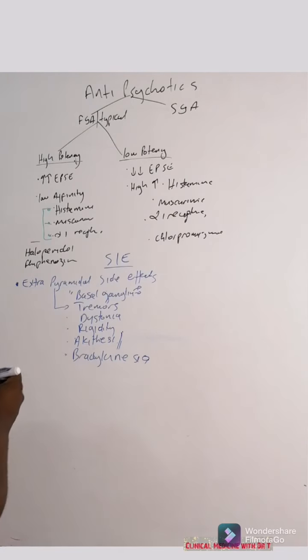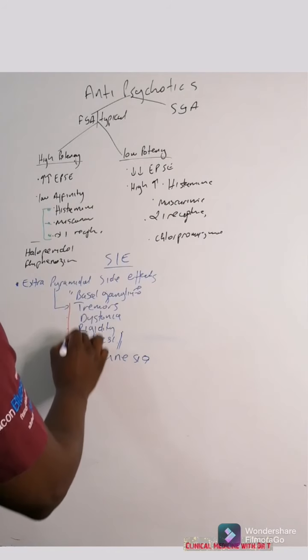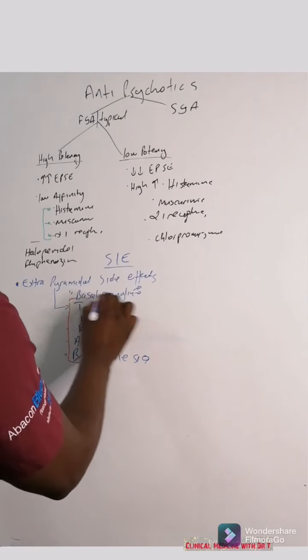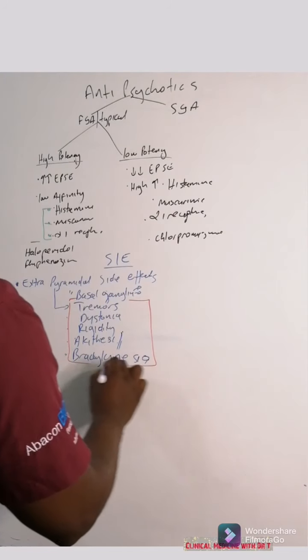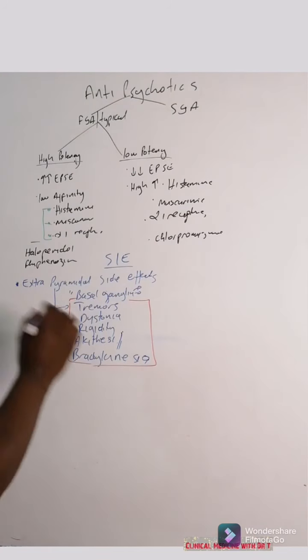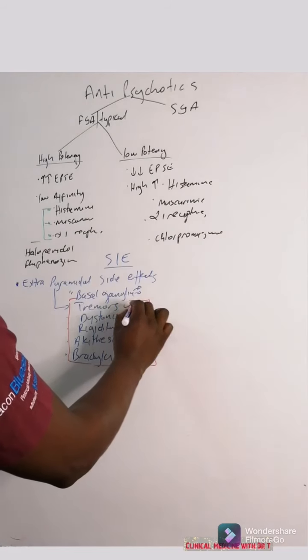But for now, it's sufficient to know that when you're talking about extrapyramidal side effects, tremors are the most common.